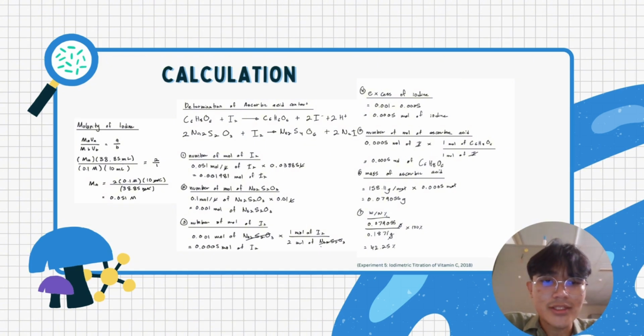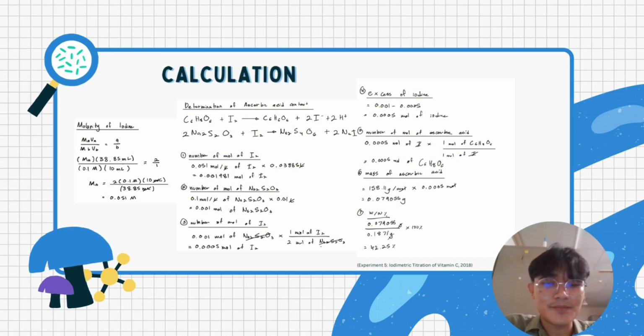Next, we find the number of moles of ascorbic acid, which is 0.00005. Through that, we can find the mass of ascorbic acid using the formula mass equals mole times molar mass of ascorbic acid. From that, we got 0.79 gram of ascorbic acid.